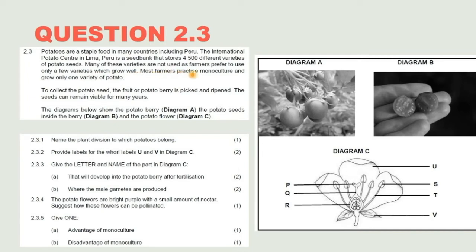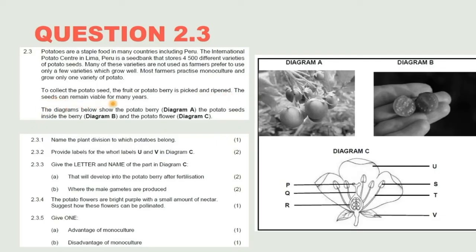Most farmers practice monoculture and grow only one variety of potato. Remember that the word mono refers to one. I'll explain just now what the word monoculture means. To collect the potato seeds, the fruit or potato berry is picked and ripened.